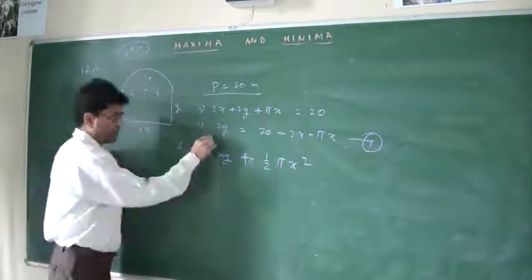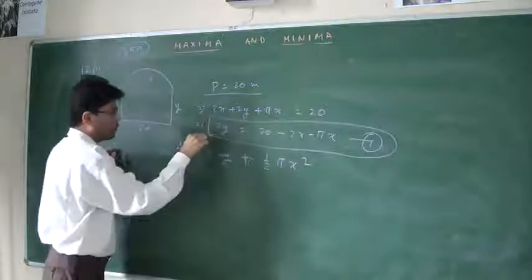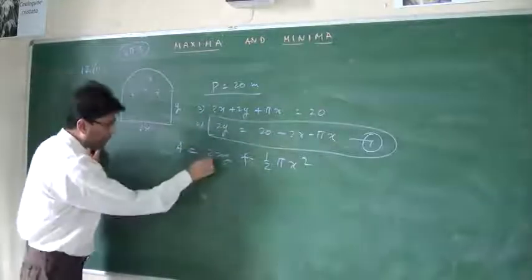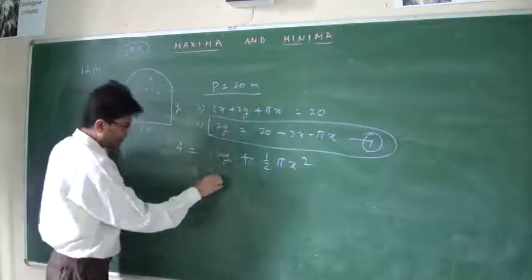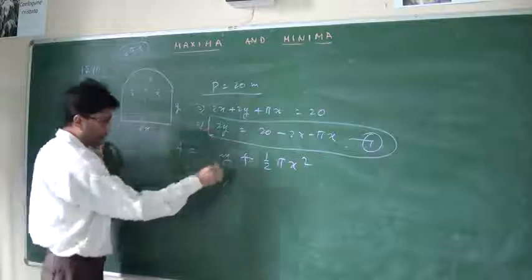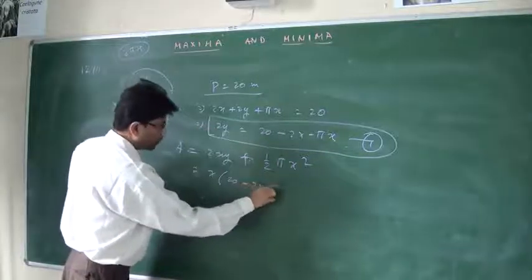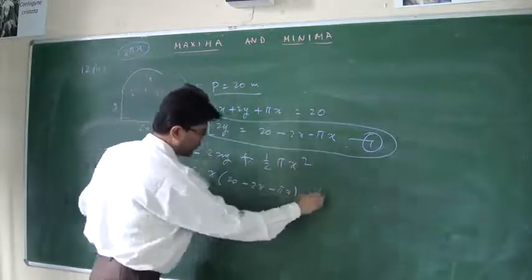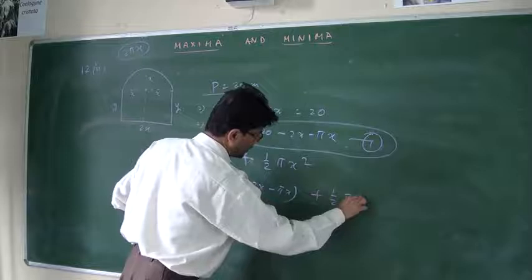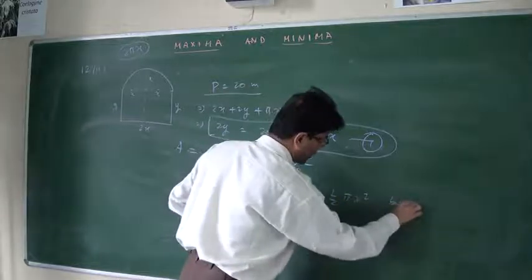I found out already the value of 2y, that I replace here. That implies x into 2y, where 2y value is 20 minus 2x minus pi x, and half pi x square as it is. This has come by equation 1.